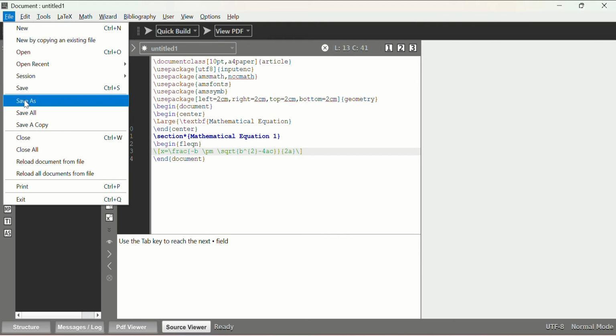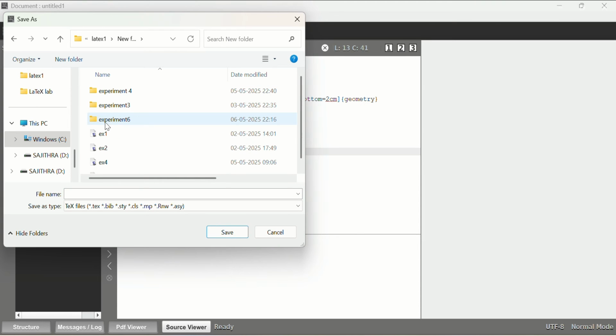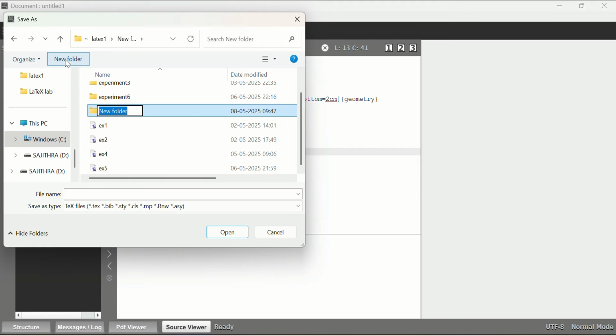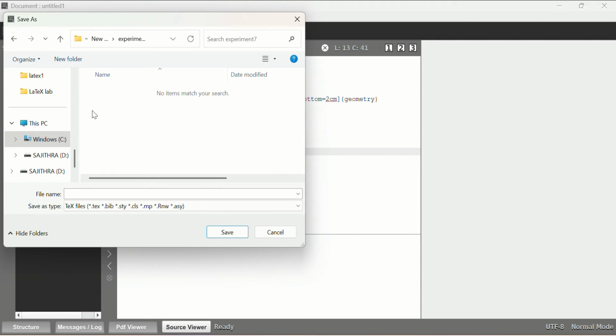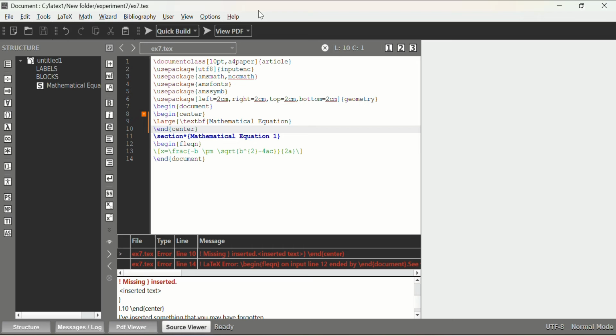So now let's save our code. I am creating a new folder of experiment 7 so that there will be no confusion. Inside the folder I'll be saving this program. Okay, so let's build it and see whether we are able to get the output.